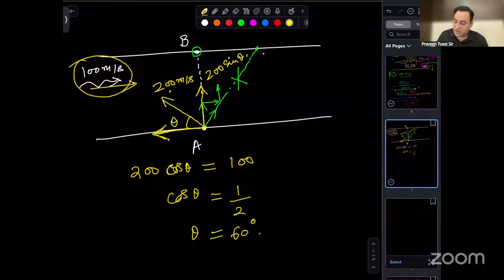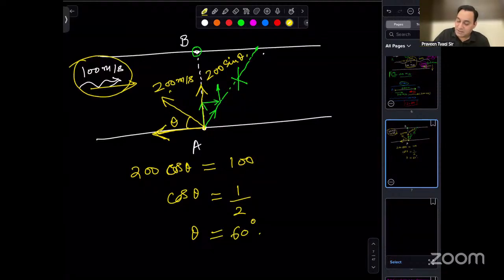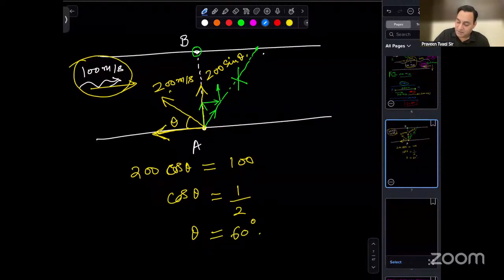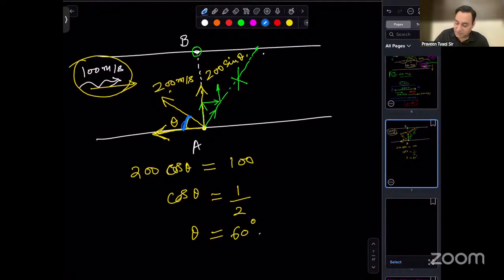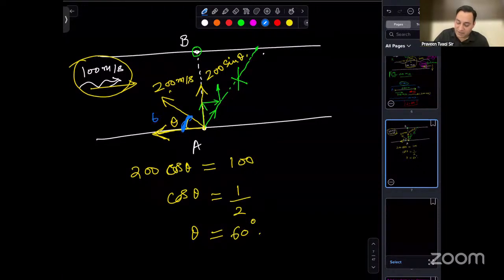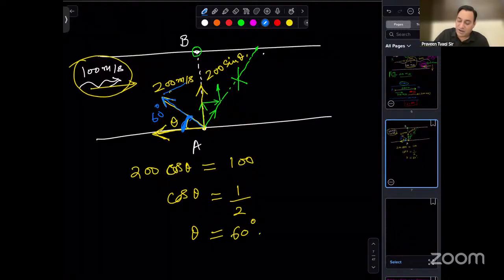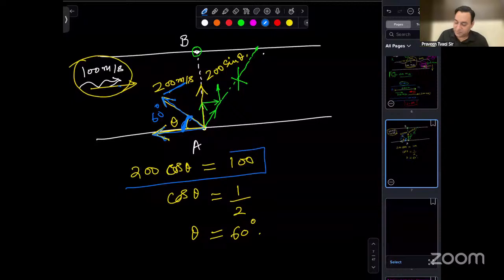So if he swims at an angle of 60 degrees with this bank, his velocity component in this direction will cancel the effort of the river, and his net velocity in this direction will be zero. Please try to understand this. This is the swimmer's velocity in this direction.